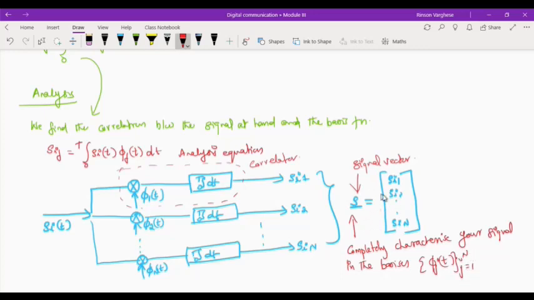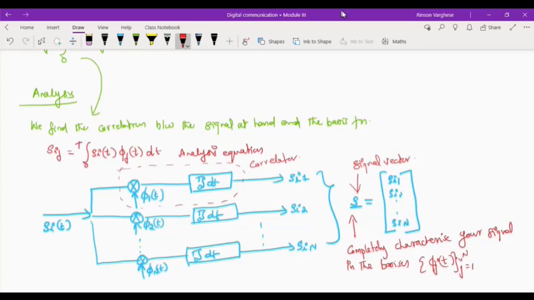So this signal vector completely characterizes your signal in these bases. That means if you have this signal vector, then you can construct your signal back using these bases.